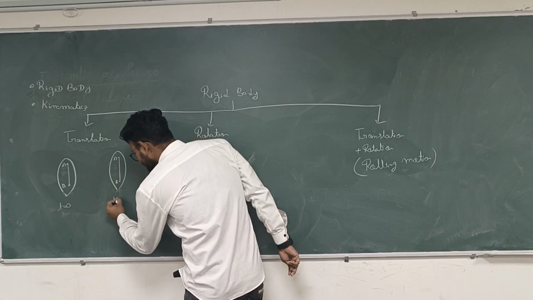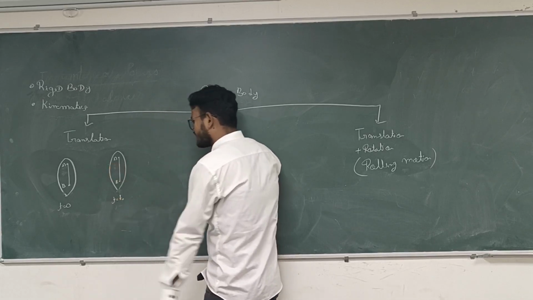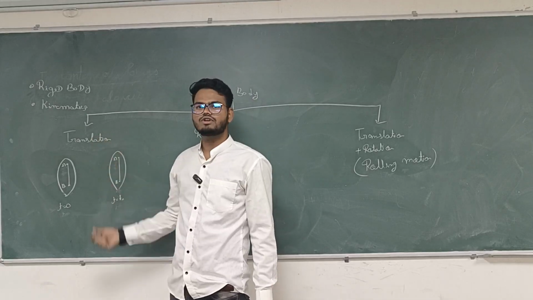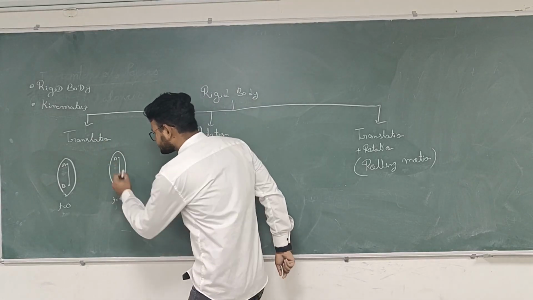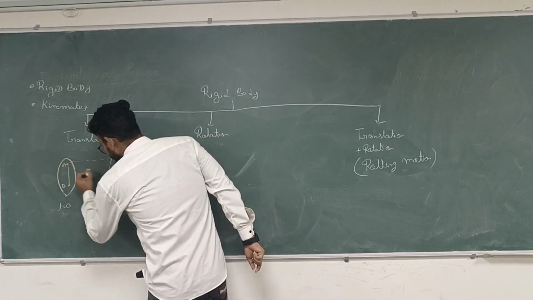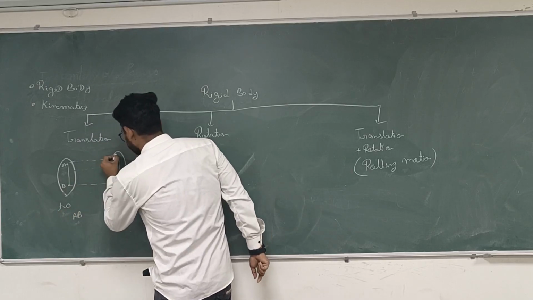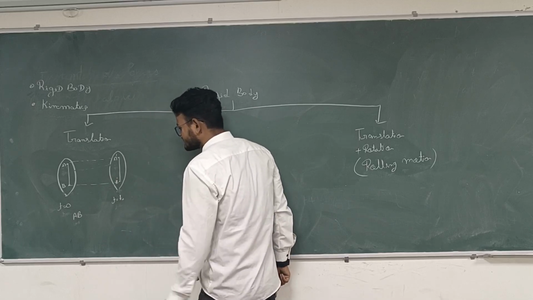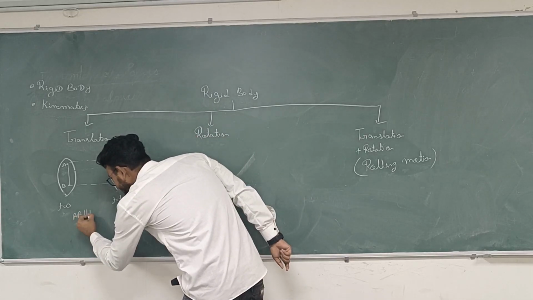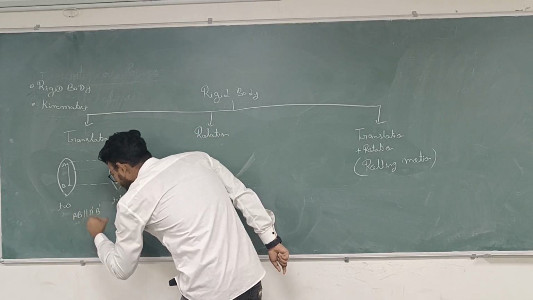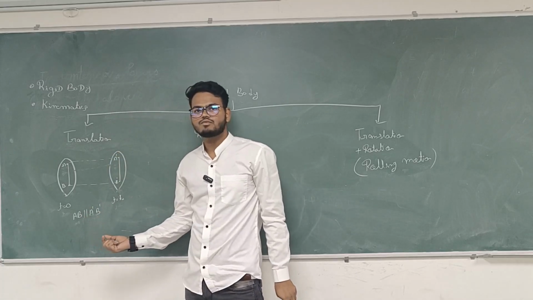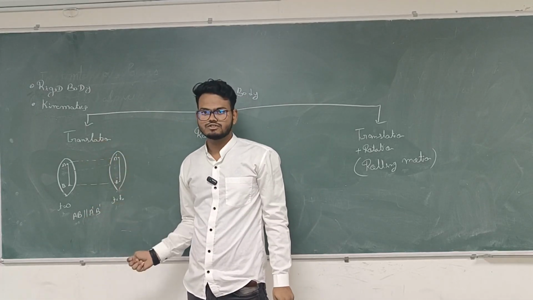And this is the situation at t equals t naught, with points A dash and B dash. If this body is performing pure translation motion, then the line AB is parallel to A dash B dash. This is the basic property of translation motion.